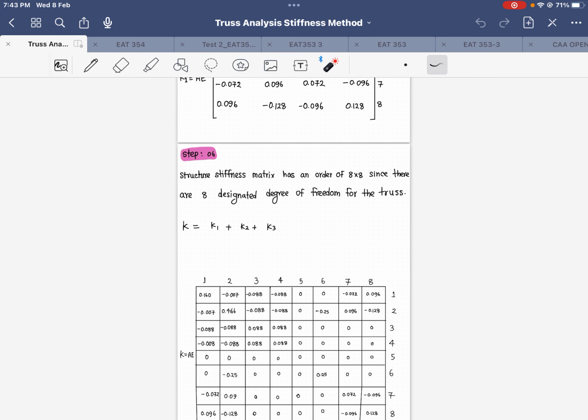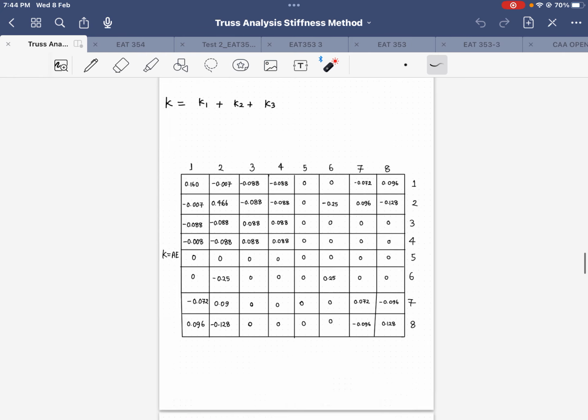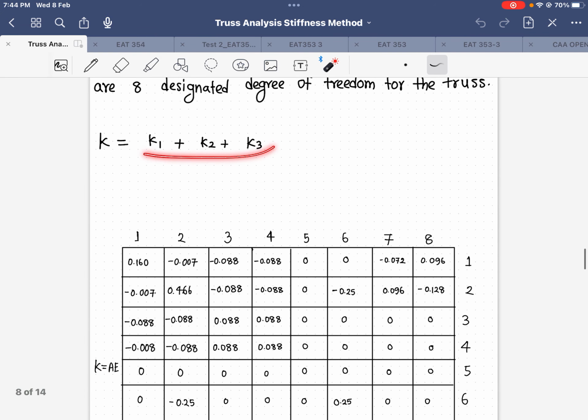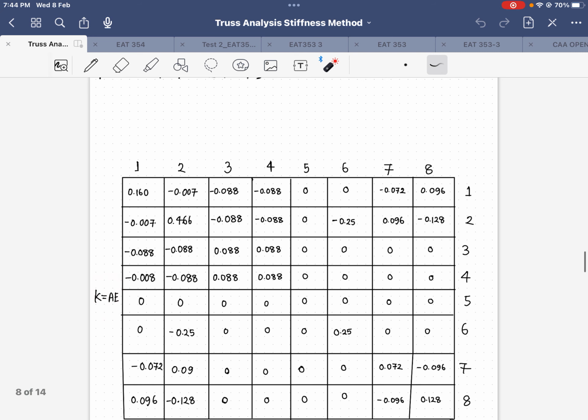Then for each member we have to find the stiffness matrix. For that, we have to find the lambda x and lambda y. Once we get lambda x and lambda y for each member, we can get the stiffness matrix for each member. After getting each member's stiffness matrix, I can add all the matrices together and apply the matrix addition to get the K stiffness matrix.